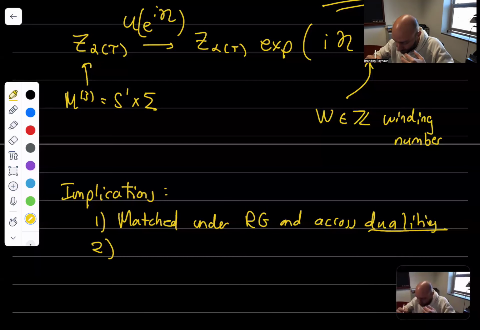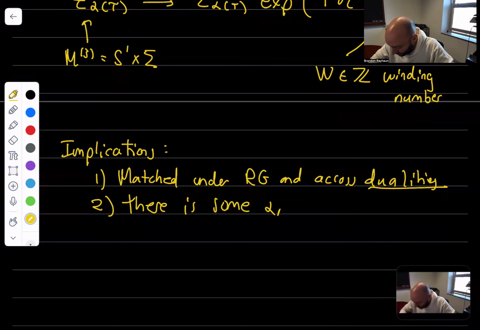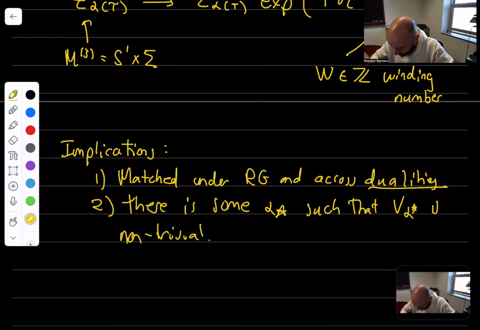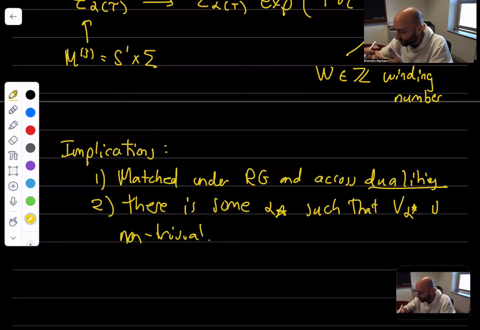When you have an anomaly in the space of defect couplings, what you can conclude is that there's some value of this defect parameter, some alpha star, for which this vortex line is non-trivial. But this kind of anomaly alone doesn't tell you which value of alpha star is non-trivial. It just tells you that there has to be at least one and possibly multiple values of alpha that lead to a non-trivial defect.